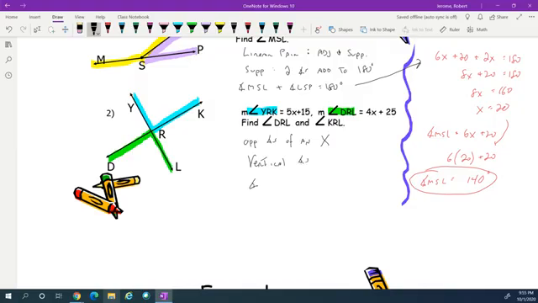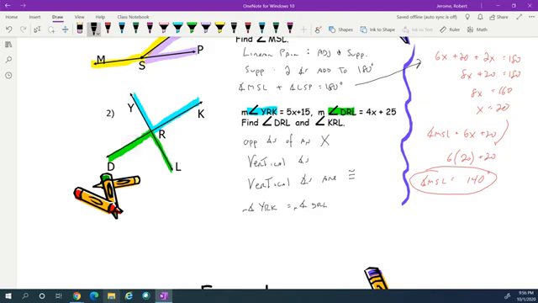And vertical angles, we know our definition. Vertical angles are congruent. Well, that tells us what to do. Angle YRK is equal to angle DRL. They're congruent, and their measurements are equal.